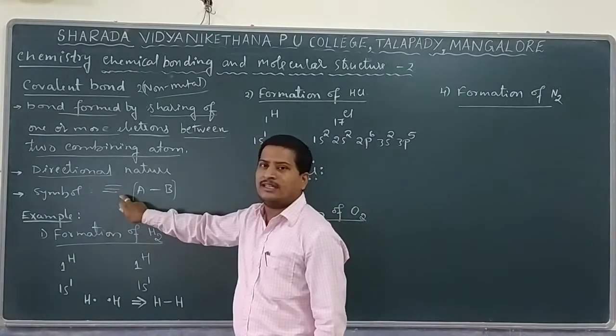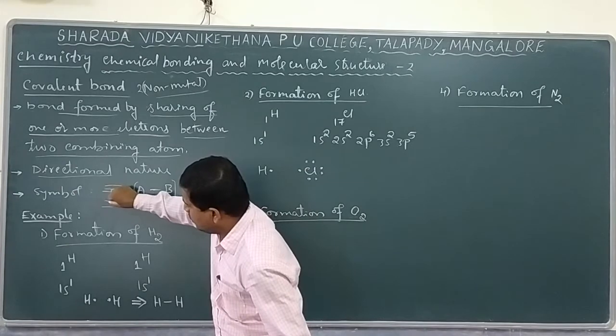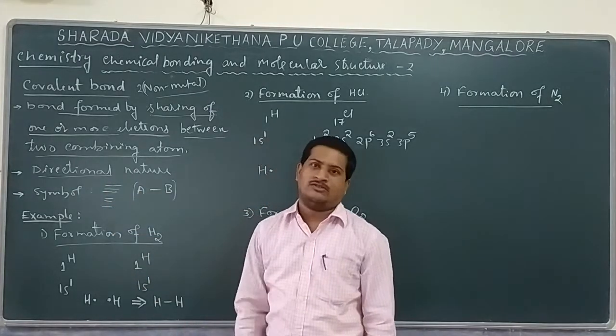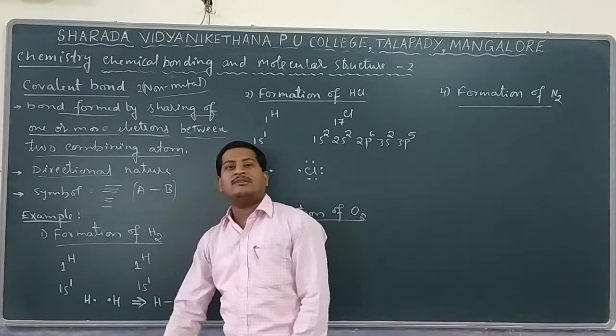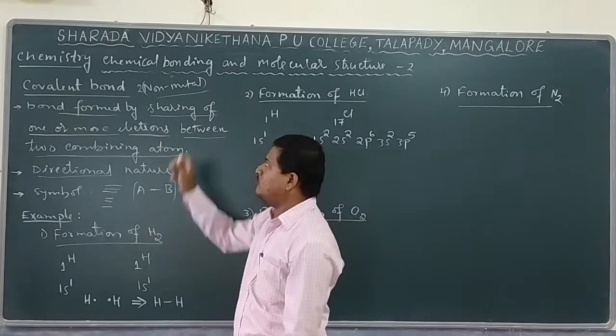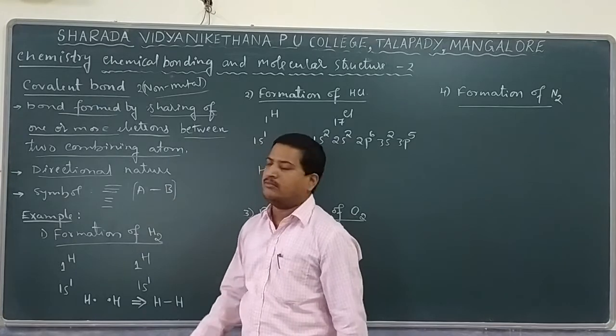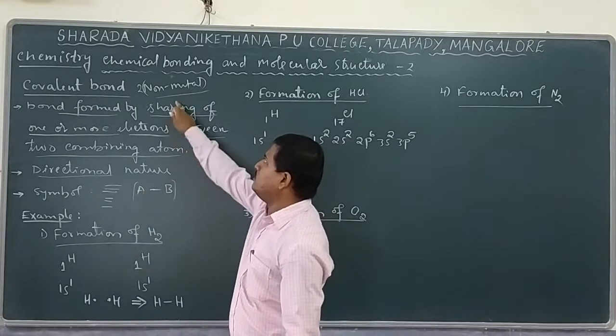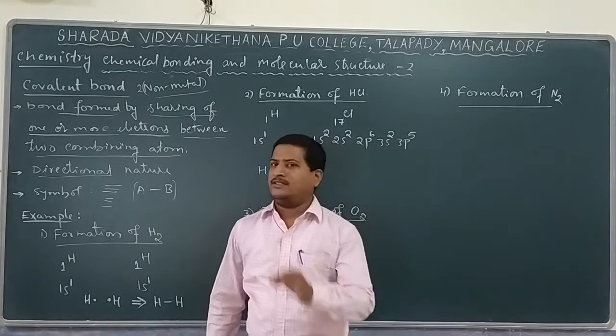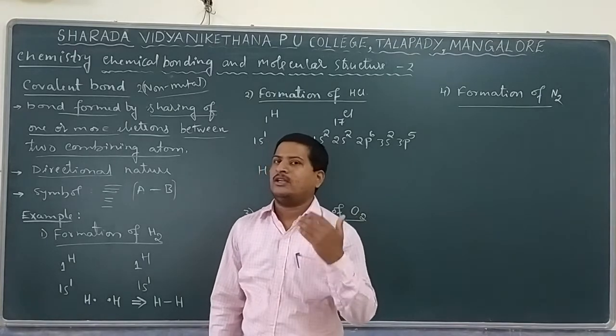So one line is a single bond, two lines a double bond, and three lines a triple bond. These lines are the symbol for representation of a covalent bond. Here, let us say one bond is there between atom A and atom B, and these two atoms are non-metal in nature.